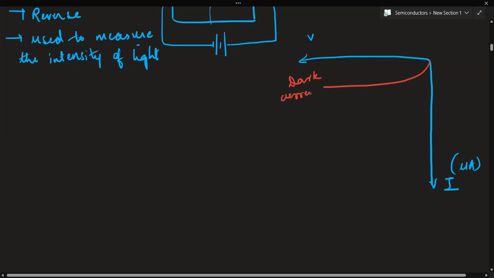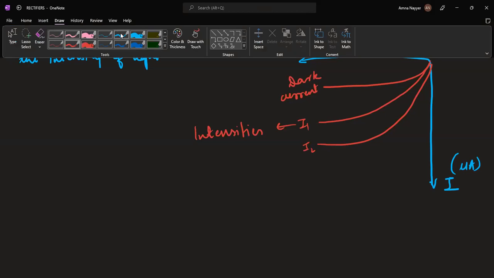Then the intensity you have will keep on changing, and by this you will have the various graphs. This will be I1, this will be I2. See, these I1, I2 are not the current. These are representing the intensities. This is how the graph of the photodiode looks.